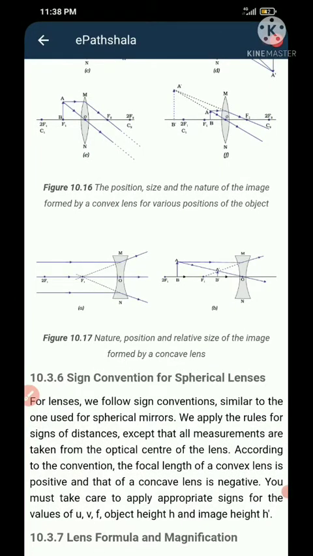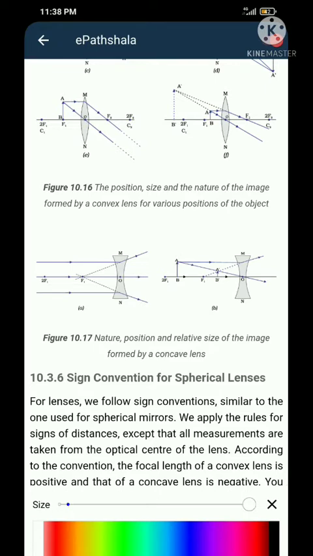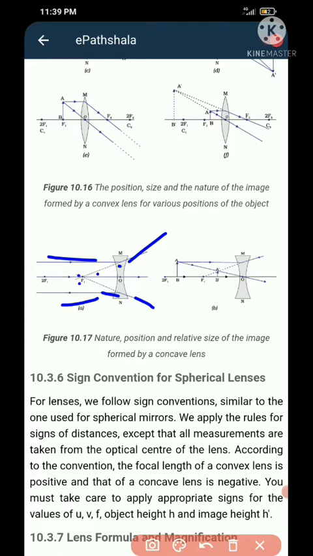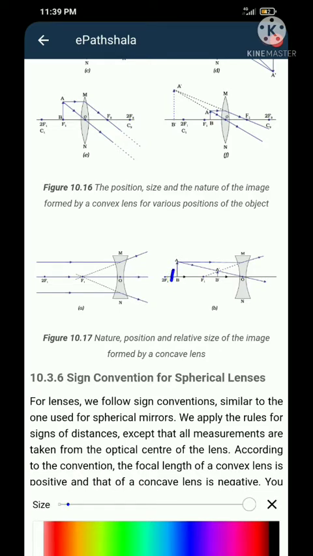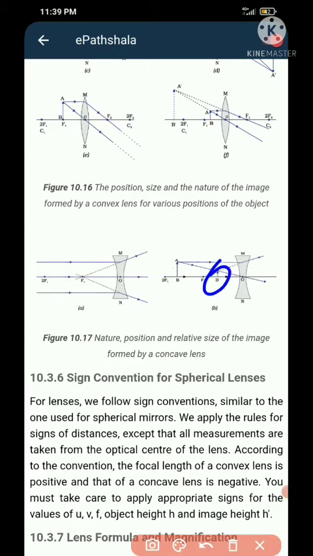If any object is placed at infinity, parallel rays come, and after divergence they appear to meet at the focus, so a highly diminished image is formed here. Second case, when your object is placed anywhere between the optical center and infinity, one ray goes parallel, after divergence it appears to come back from the focus, the other through the optical center, and where they appear to meet the image is formed here, and the size is also diminished compared to the object. So these are the image formations by concave lenses.